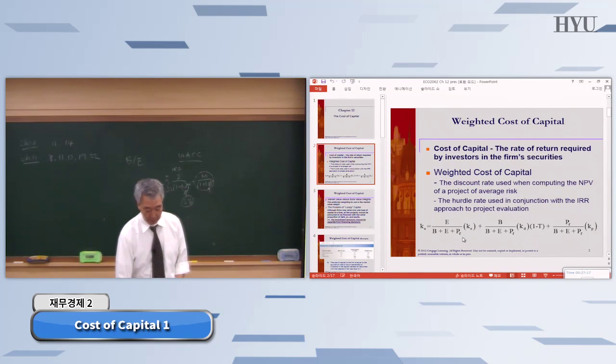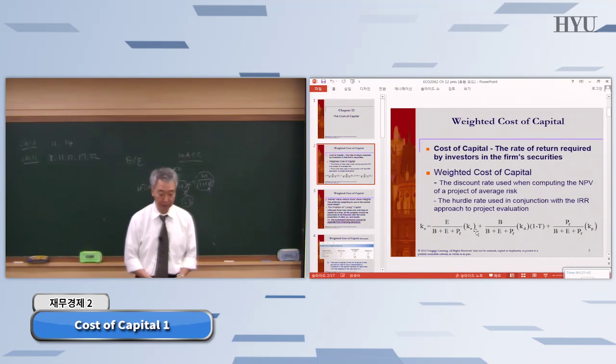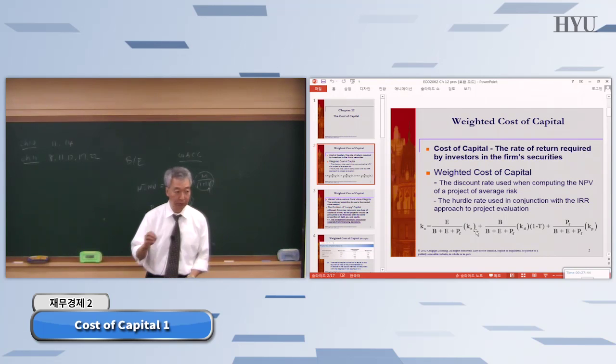And the equity divided by total capital is simply the proportion of equity in the company's total capital. Here's the proportion of debt in their total capital, and the proportion of preferred stock. And we multiply those proportions by the cost of each component, okay?